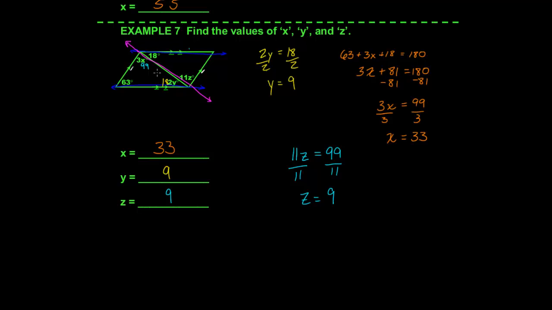So if we wanted to find something that would be congruent to our 18 degrees, we would need to use this line as our transversal, and these 2 lines as the ones running parallel, to be able to use our alternate interior angles and prove that those are congruent as well. We could have said our 2y equals 18 at that point, and we can also say that 3x equals 11z.